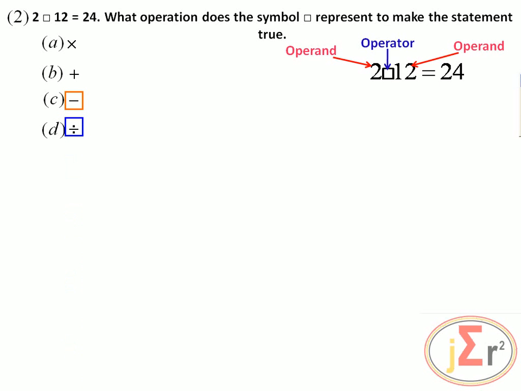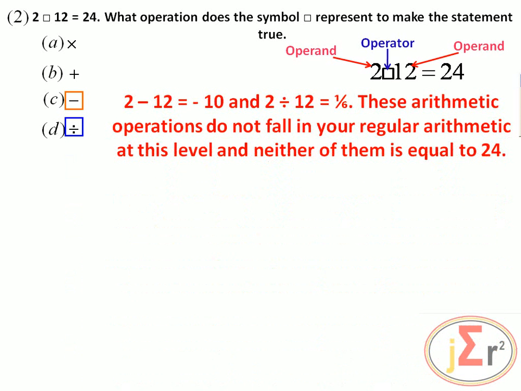But we'll just take a look at the others. 2 minus 12 is equal to negative 10. And 2 divided by 12 is equal to 1/6. These arithmetic operations do not fall into your regular arithmetic at this level, and neither of them is equal to 24.